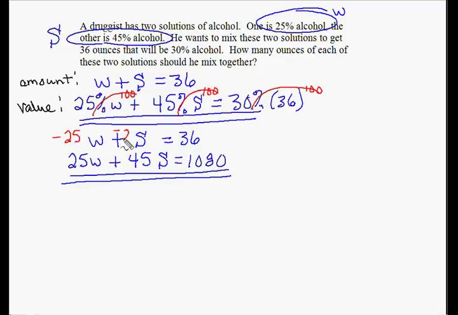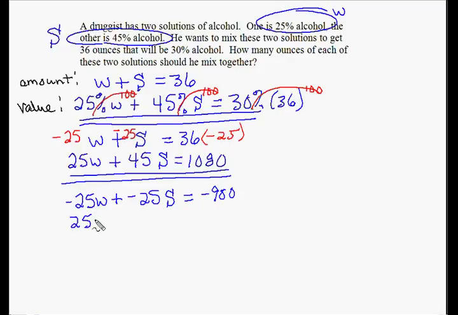So if I multiply each term in the equation by negative 25, and writing down again what you have, negative 25W plus a negative 25 times S is equal to a negative 900.